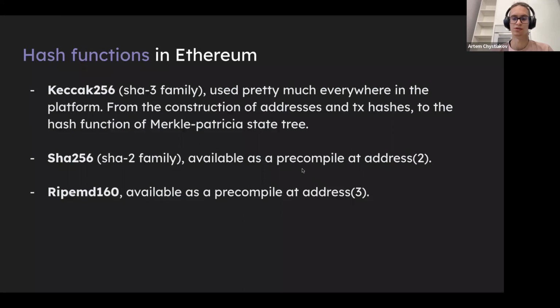But as soon as you call a precompile, the node will understand that the contract is missing, and it will deploy it. There are, I think, 8 precompiled contracts right now in Ethereum, and the one that realizes SHA-256 is available at address 2.